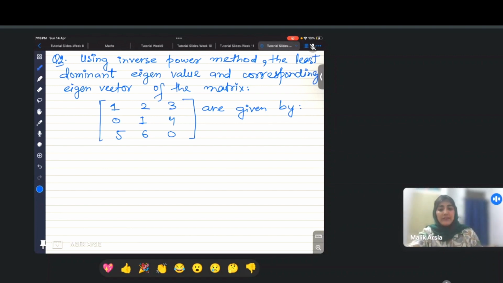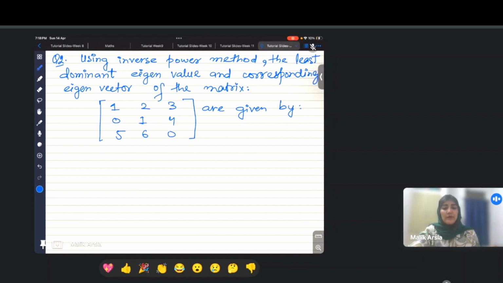Similarly, in the power method we are finding the dominant eigenvalue of A. Now, if we can find the dominant eigenvalue of A, then we can also find the least dominant eigenvalue of A by finding the dominant eigenvalue of A inverse, because the dominant eigenvalue of A inverse will be the least dominant eigenvalue of A. You just have to take the inverses.